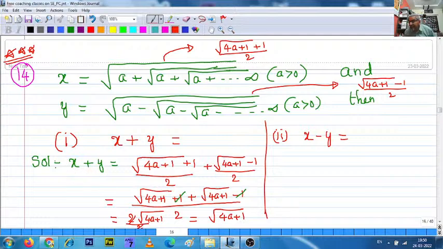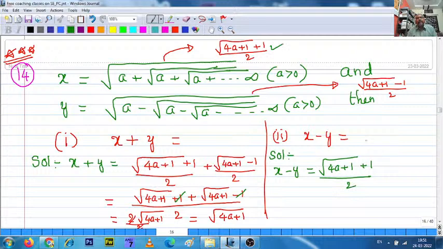But x minus y is the beautiful value you will be getting. Yes, 2 is the LCM. Absolutely correct. So x minus y is the very beautiful value you will get now. So let us find out that value. See, so now the solution here, x minus y equals root of 4a plus 1 plus 1 upon 2, am I correct now?